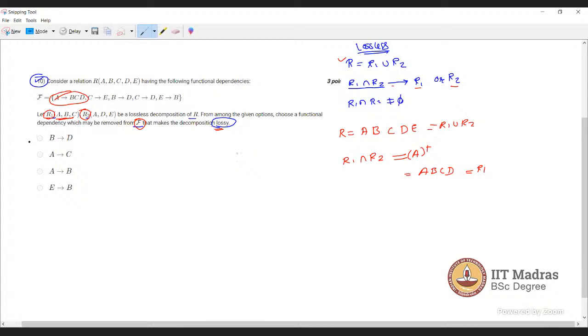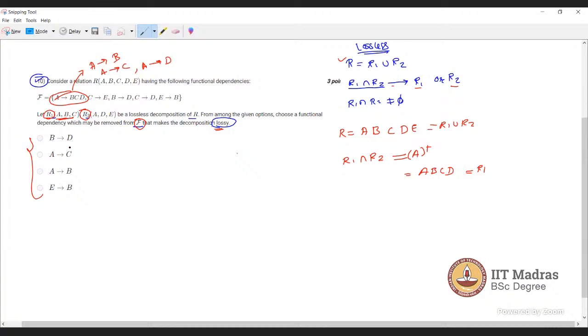Which functional dependency do we have to remove? If we remove A determines C, then it will become lossy.